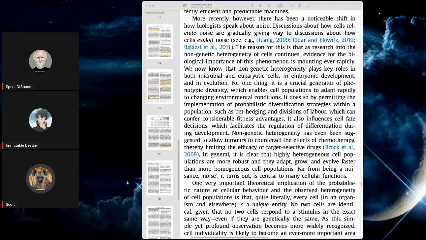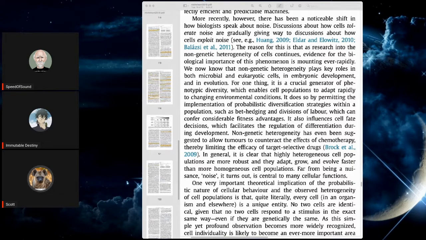For one thing, it is a crucial generator of phenotypic diversity, which enables cell populations to adapt rapidly to changing environmental conditions. It does so by permitting the implementation of probabilistic diversification strategies within a population, such as bet hedging and divisions of labor, which can confer considerable fitness advantages. It also influences cell fate decisions, which facilitates the regulation of differentiation during development.